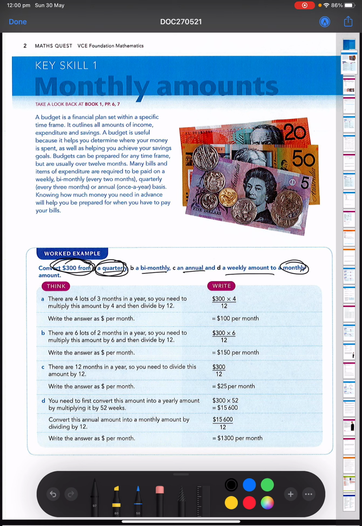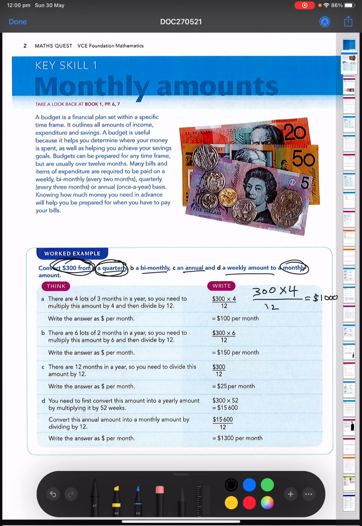There are 4. So what we're going to do is take our $300 and times it by 4, because there are 4 quarters in a year. And then we need to divide this by 12, because of the 12 months in a year, and we get $1,000 as our answer.